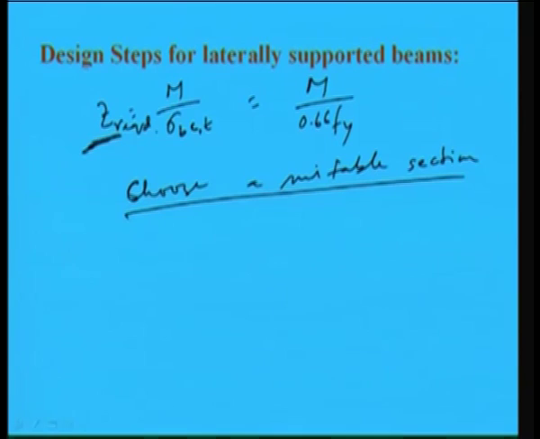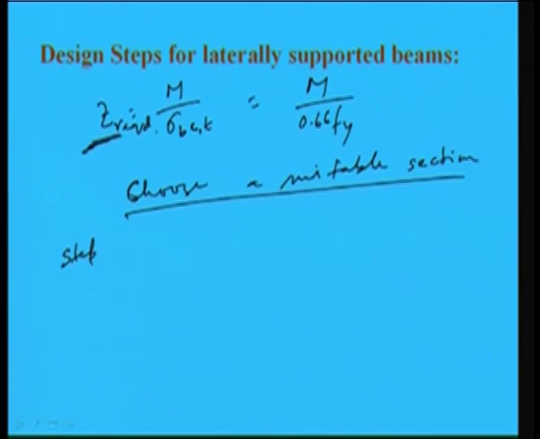So, we can provide some I section where we find the closest value of Z, the section modulus, and the chosen Z should be a little higher than the required one.